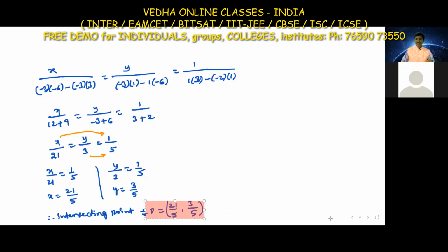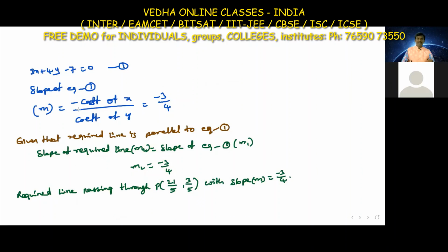After getting the intersecting point, we used the formula for slope: m is equal to minus coefficient of x divided by coefficient of y. We also used one more concept: if two lines are parallel, the slope of the required line is equal to the slope of equation 1. By using that concept, we got the slope of the required line.